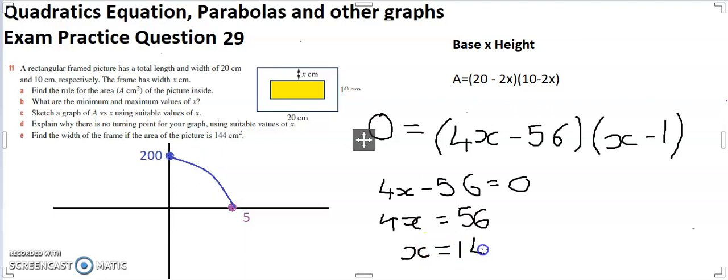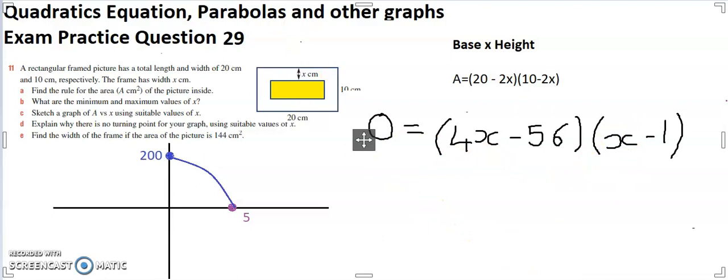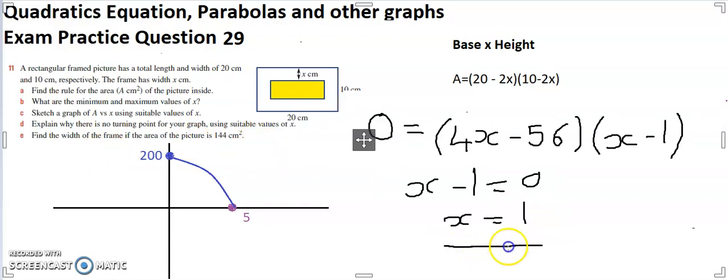Now straight away I see 14 is outside that 5, so it can't be 14. But I look at the other side. x minus 1 equals 0, so x must of course equal 1. So that means the width of the frame, if the area of the picture is 144 centimeters squared, is 1 centimeter.